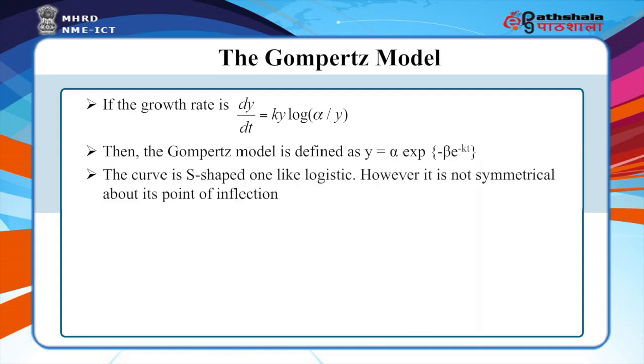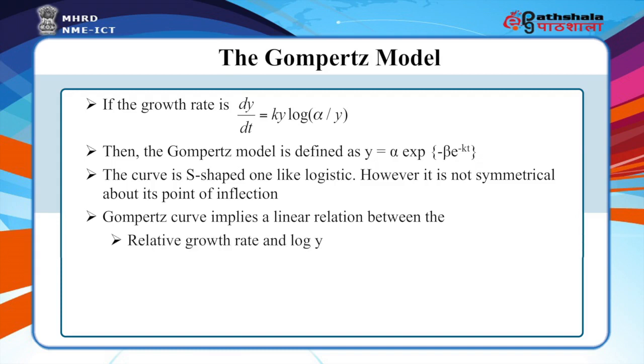The curve is S-shaped like the logistic. However, it is not symmetrical about its point of inflection. The Gompertz curve implies a linear relation between the relative growth rate and log y, and between the relative growth rate and time.